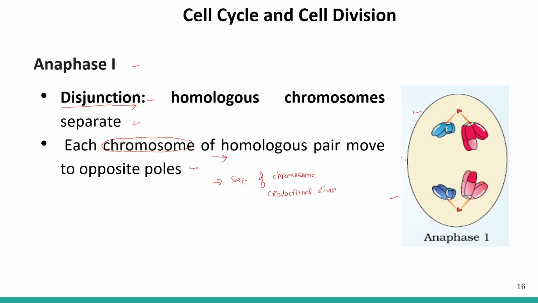The chromosomes are being separated, that's why the number is reduced to half. Initially, if we had 46 chromosomes, 23 chromosomes go here, and 23 chromosomes go to the opposite pole. So this was diploid, 2n. Now we have haploid cells, n.